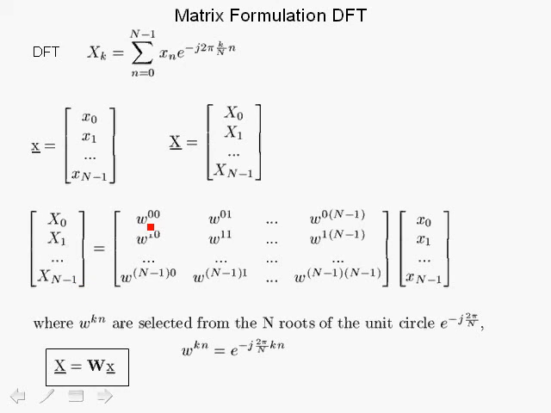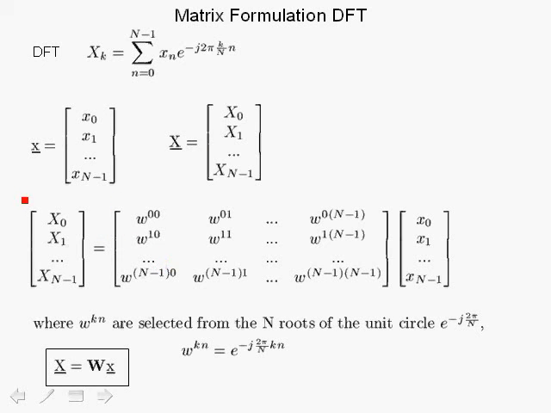The matrix is, of course, n by n, and each term here is the exponential. So for example, if we look at X0, we substitute k equals 0 over here, then of course we have x0 times e to the j 2 pi k n with n0 and so forth. So this row times this column gives us the first term, and the same goes for X1 and so forth.